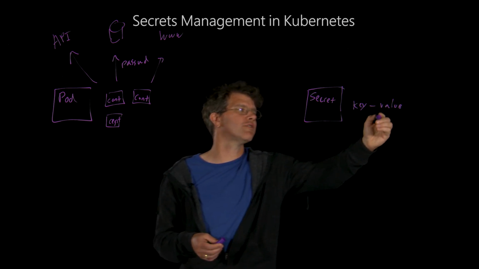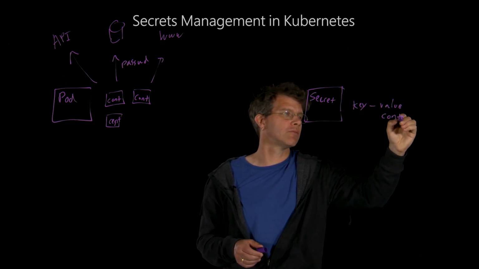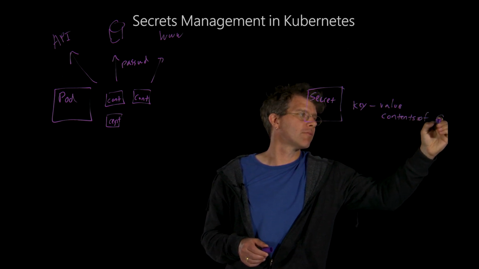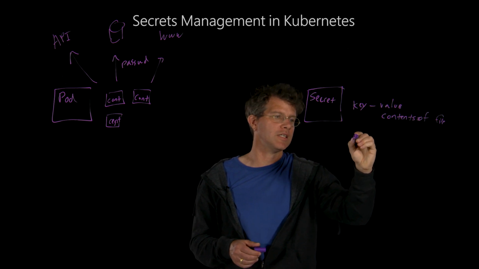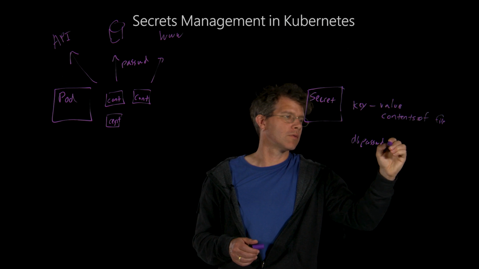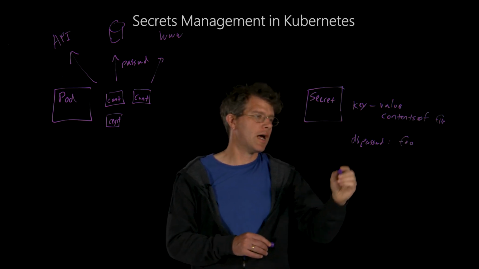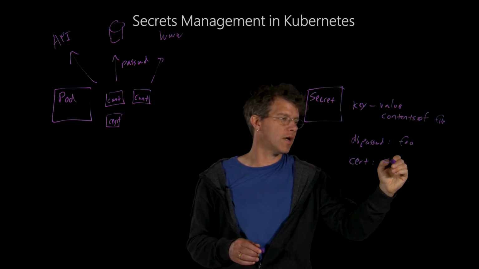You can also use the value as the contents of a file. So in some contexts, the key value pair might be something like db password is foo. That's not my real database password, so don't try and use it. Or it might be cert, and this would be the contents of a file.